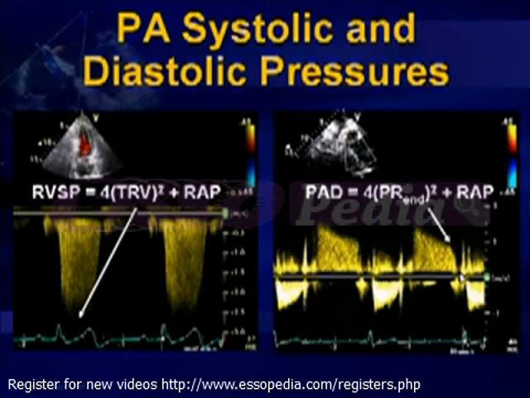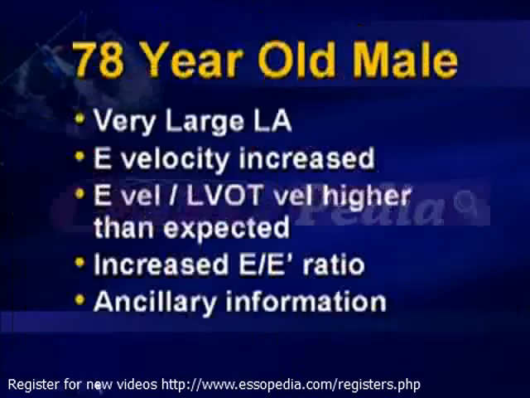If the patient has some pulmonary regurgitation, one can apply the modified Bernoulli equation to the end pulmonary regurgitant velocity to give us an estimate of the PA diastolic pressure, which has reasonable accuracy in estimations of LA pressure in those without moderate to severe pulmonary hypertension.